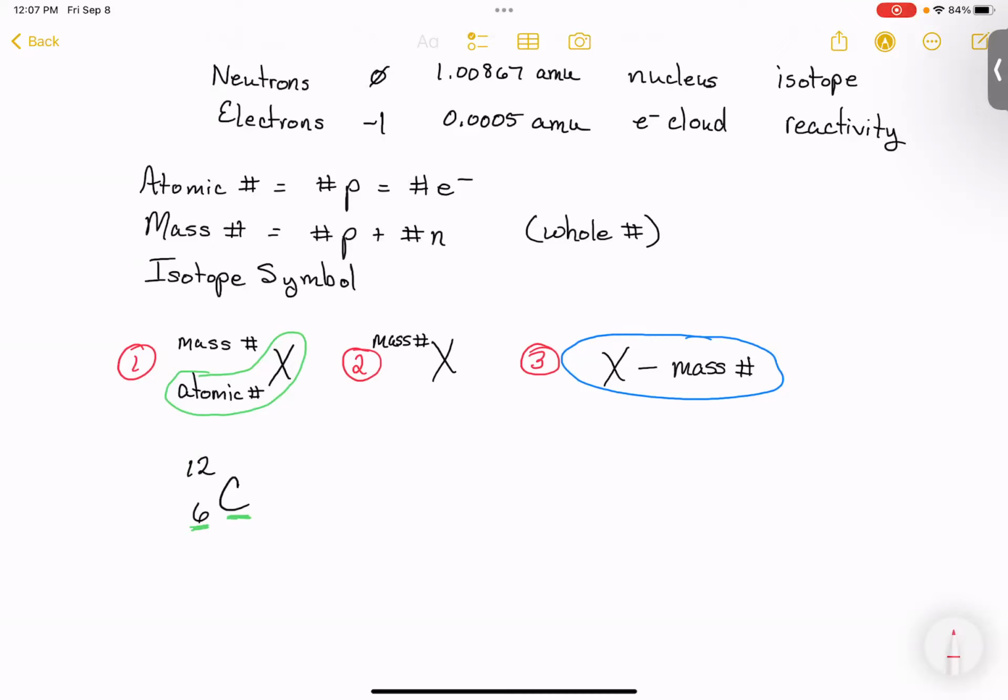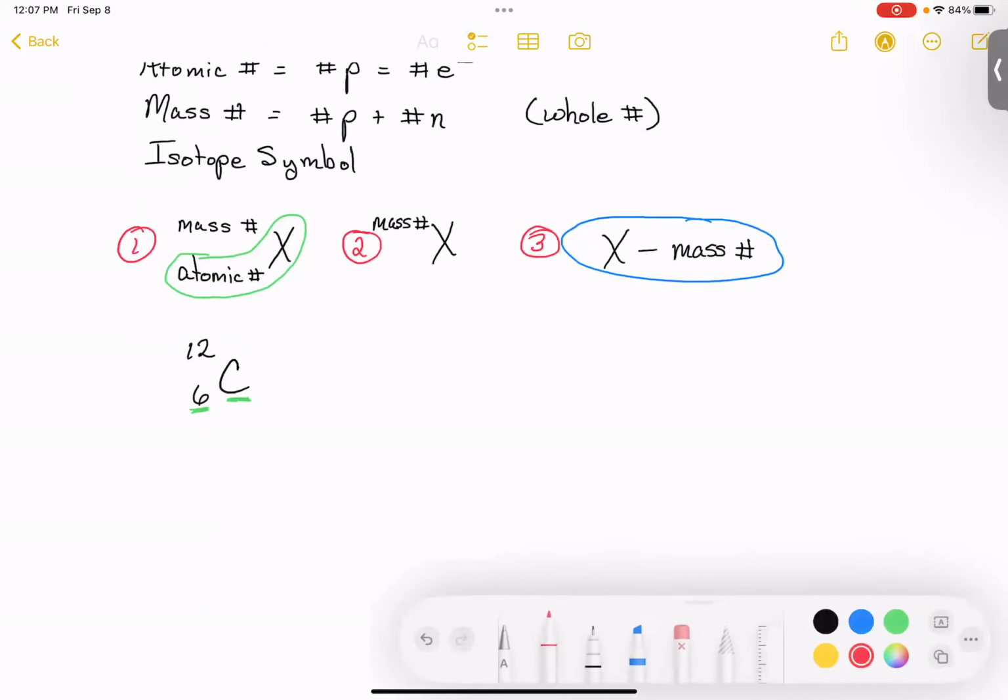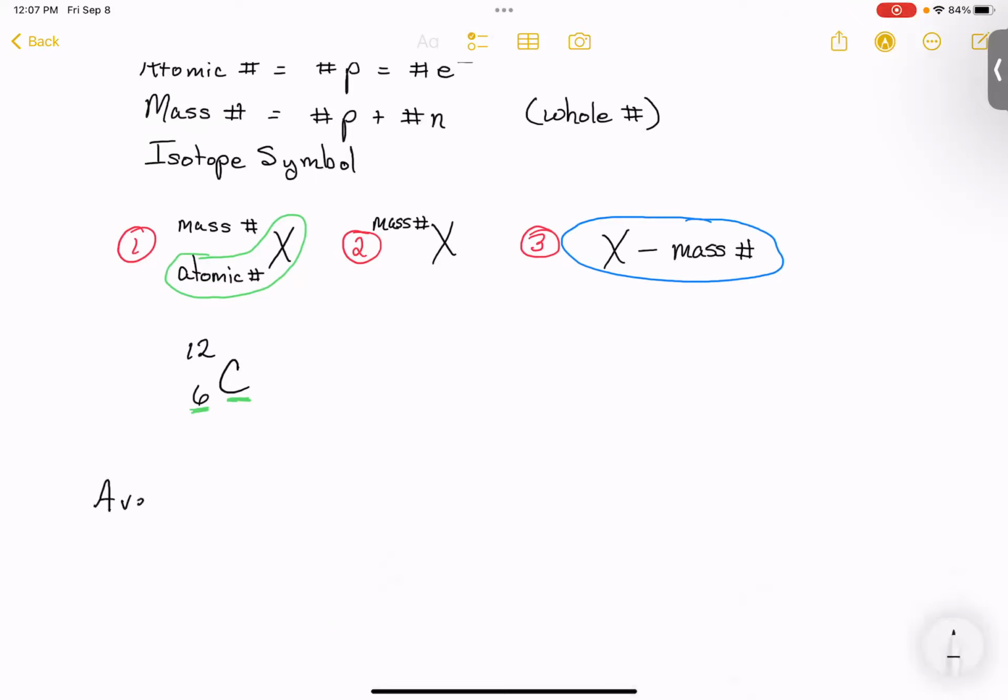Now, what we're going to get into today is we're going to talk about the average atomic mass.